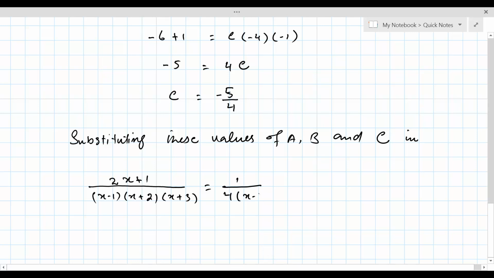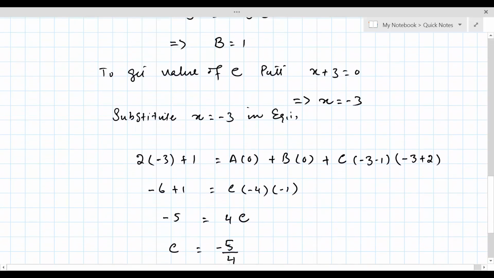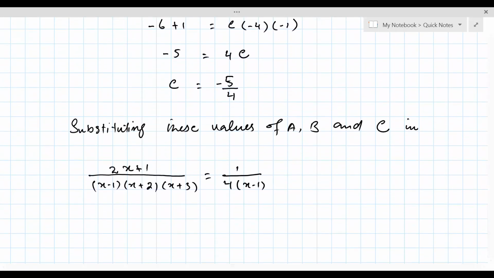into x minus 1 plus b. What is the value of b? We have value of b equal to 1. So plus 1 over x plus 2, and for c we have the value minus 5 by 4.